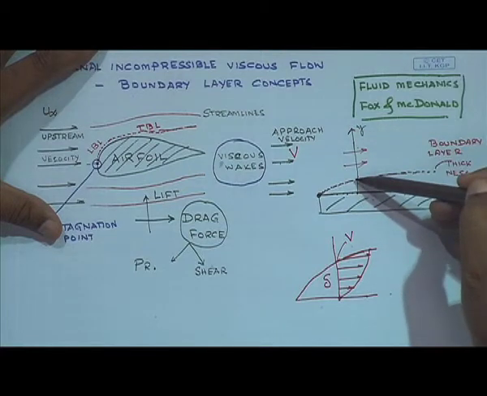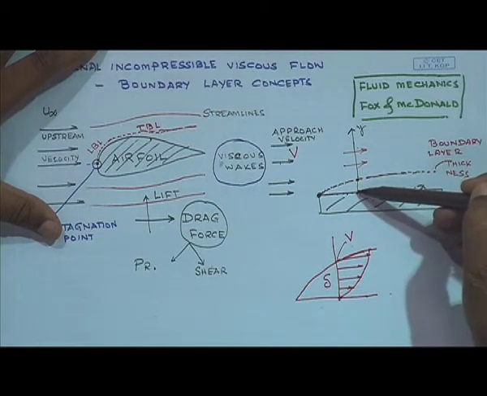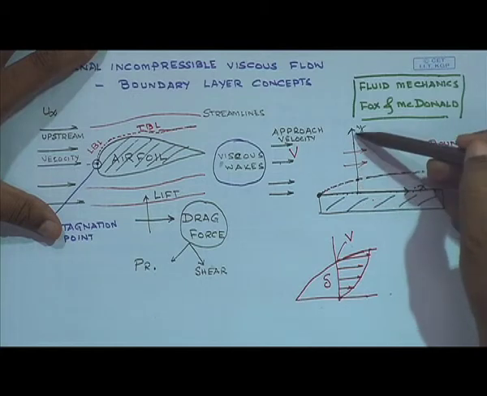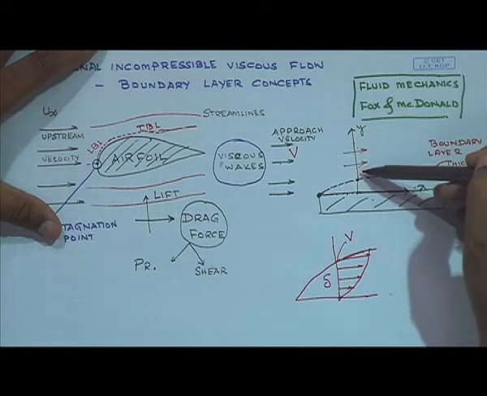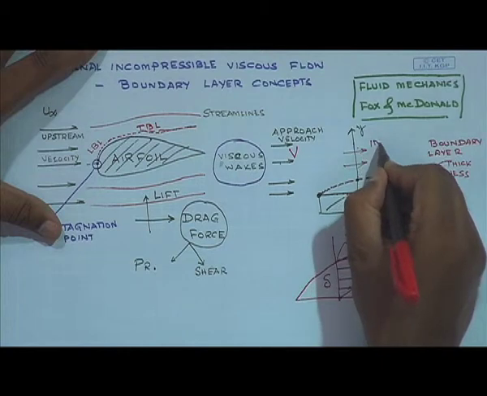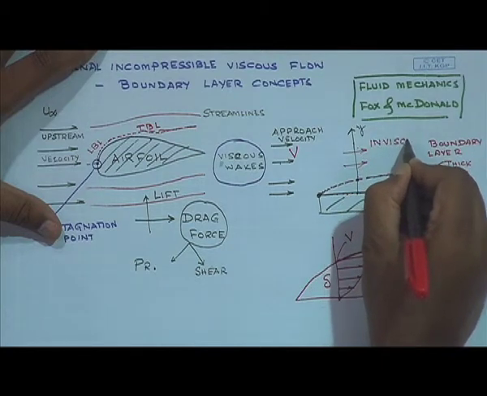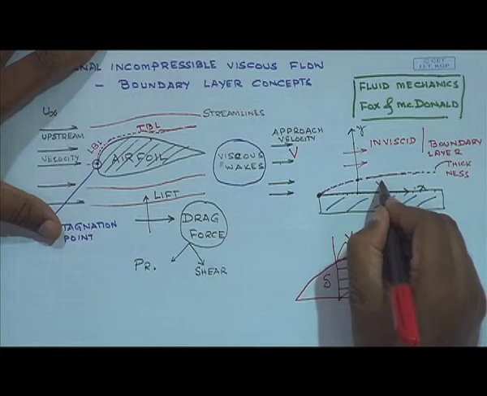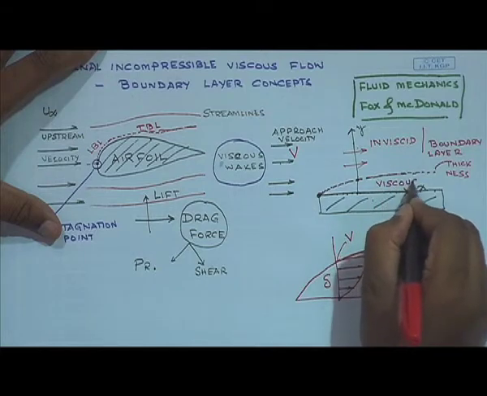So, the location at which the velocity reaches the free stream velocity is called the boundary layer thickness. Beyond that point there is no change in velocity and the flow here is inviscid. That is, there is no viscosity. In here the flow is viscous.